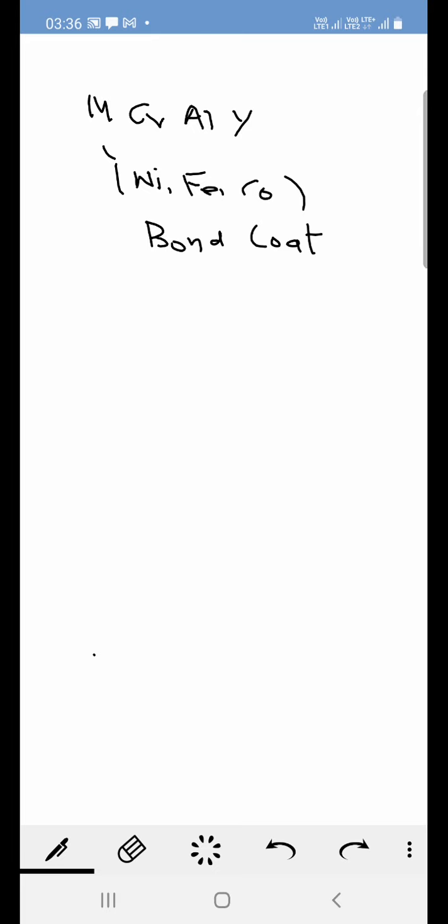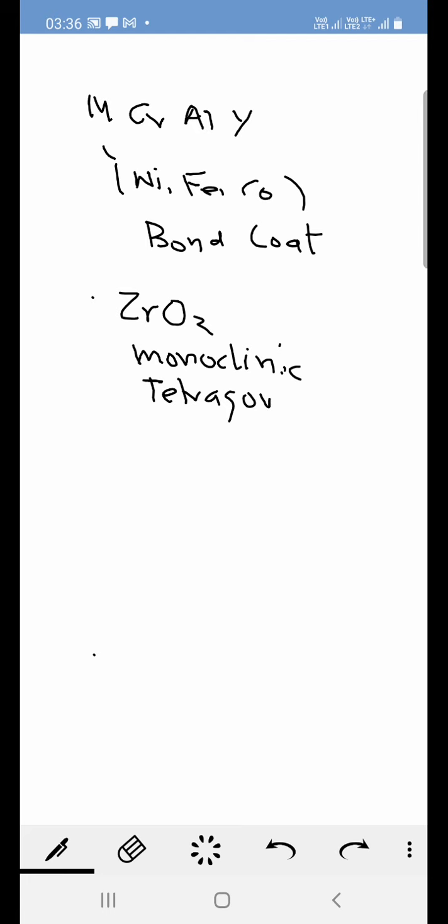Now, zirconia is a very integral part of any thermal barrier coating. So, ZrO2, zirconia. Zirconia has three different types of phases. It can be monoclinic, or it can be tetragonal, or it can even be cubic.